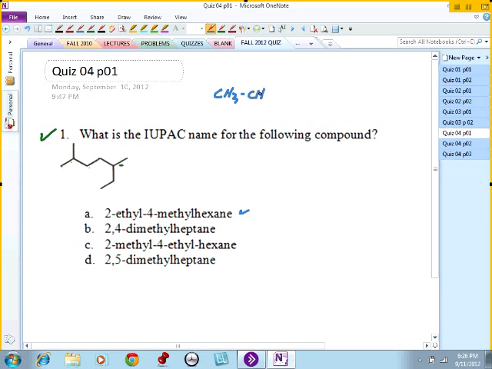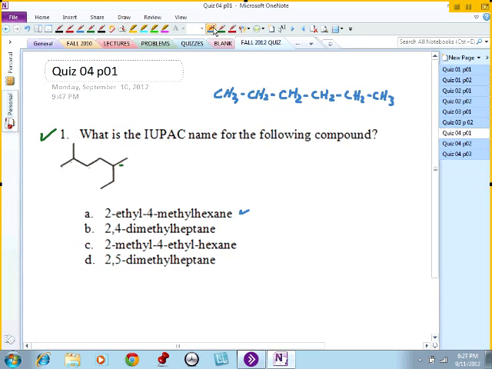You say hexane is the base name, that's 1, 2, 3, 4, 5, and 6. And then in position 2, you have what group? Ethyl, right?